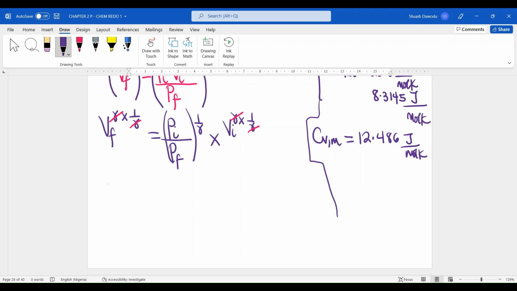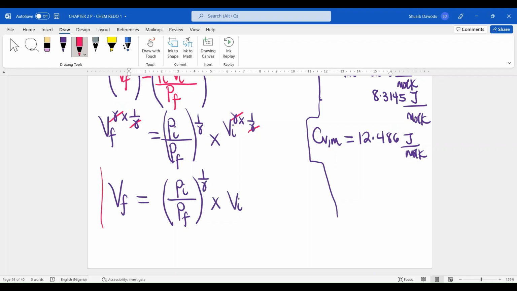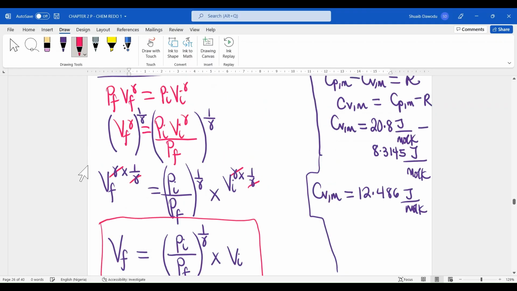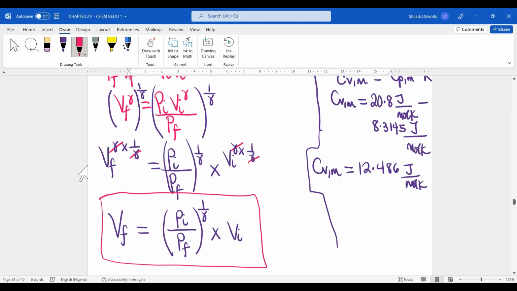So rewriting the equation, finally, we have V final is equal to P initial divided by P final raised to the power of 1 over gamma times V initial. So this is the equation that we're going to finally use and substitute. Our P initial is 240 kilopascal.